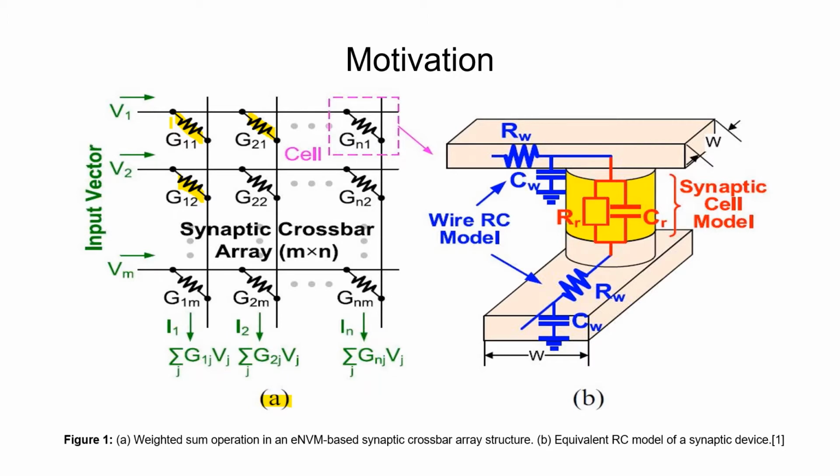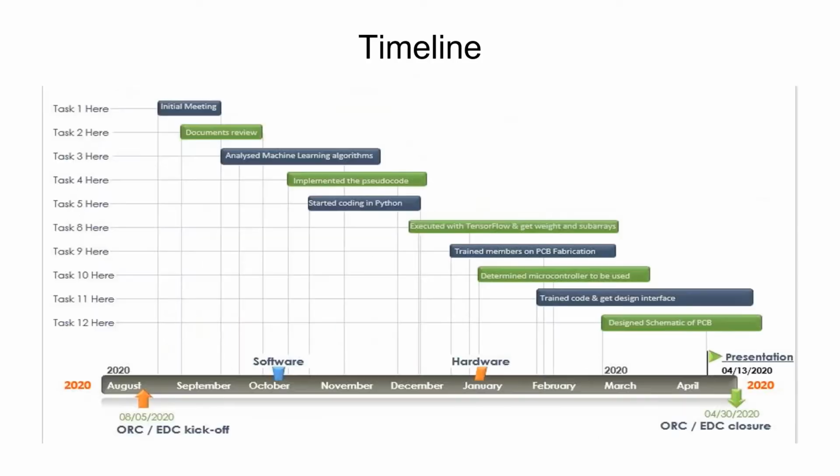Our team attempted to develop this design through the following timeline. In August, we did our initial meeting. Going towards early September, we reviewed all the documents necessary for this research design. In mid-September, we analyzed the machine learning algorithms that are important to achieve our goals.